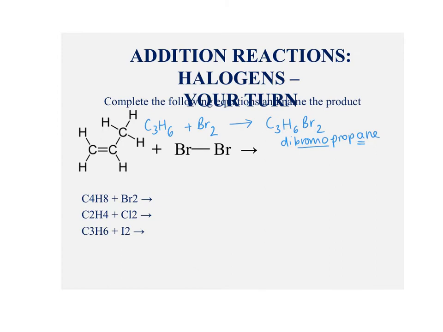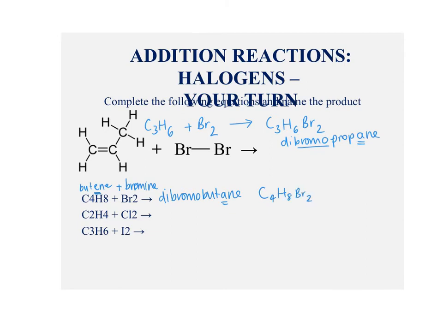So pause and then play again when you're ready to go through the answers. The first one, I have butene. Remember, it's that double bond plus bromine, and that is going to give me dibromobutane, which in chemical formulae is C4H8Br2.